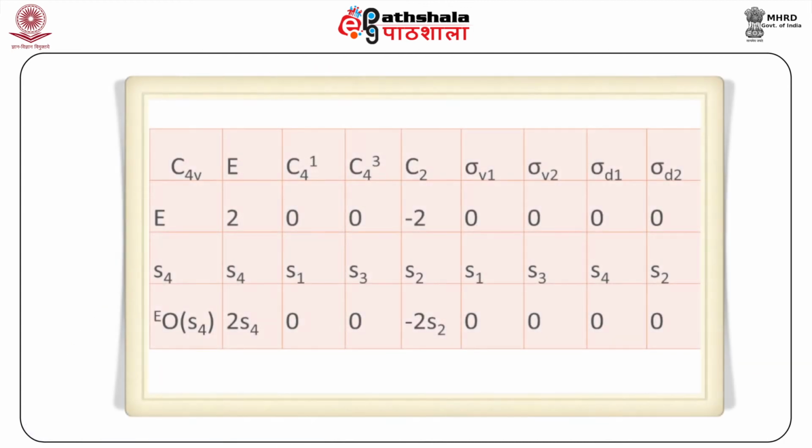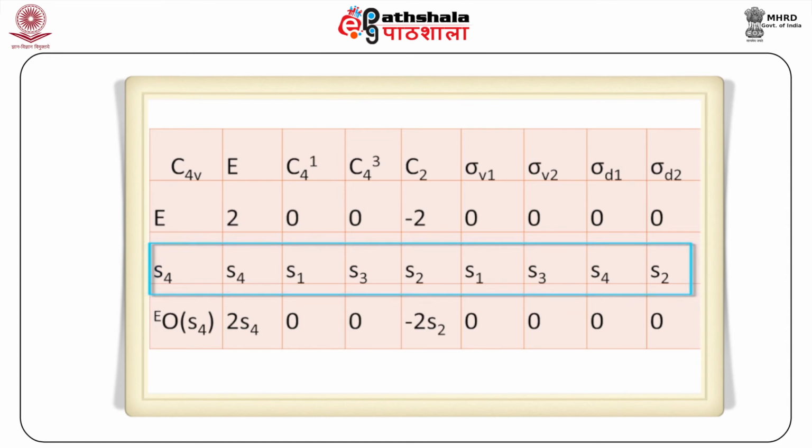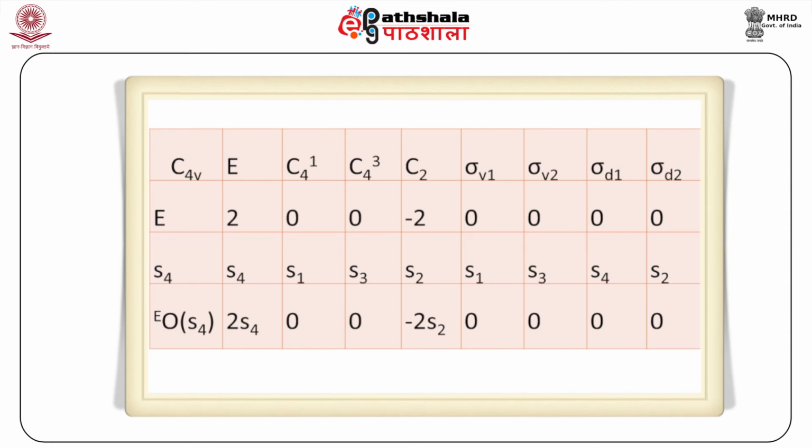Finally, if you make use of E operating on S4, again here we look up the table and see how S4 transforms. S4 goes S4, S1, S3, S2, S1, S3, S4, S2 like this, and similarly EOS4 transforms as given in the last row of this table.